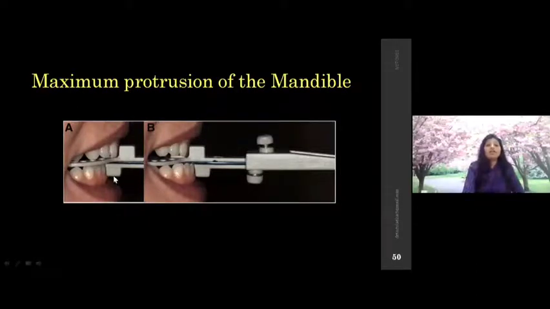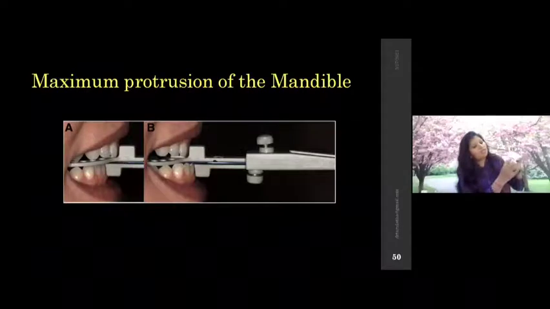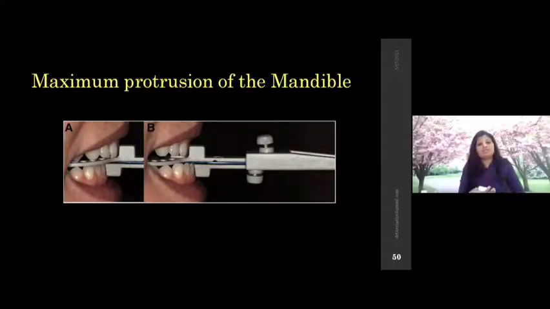Do not panic. First thing we do is take the measurement of the overjet. First, measure the overjet. After that, you ask the patient to bring the mandible forward, then take the distance from maxillary incisor to mandibular incisors like this, and you take the difference of the overjet and the reverse overjet. It might be around say 10 millimeter. If it is 10 millimeter, you are supposed to take 70% of that.